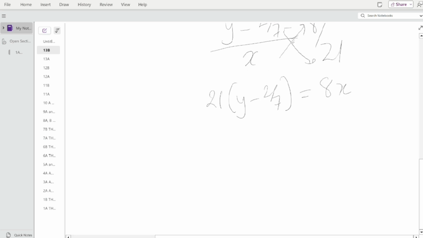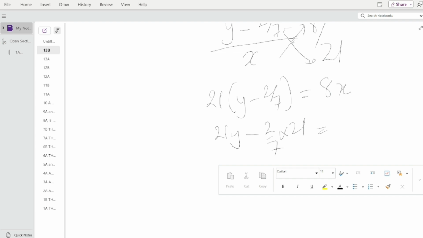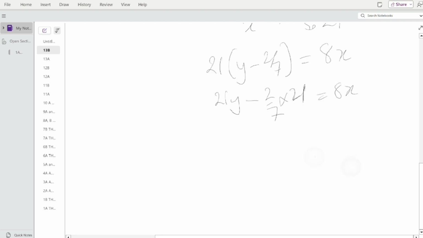We can open this bracket, since this 21 affects the two of them. We can then open our bracket to say 21 times y and 21 times minus 2 over 7. 21 times y is 21y minus 2 over 7 times 21 equals 8x. We can break this down, 7 here 1, 7 here 3.